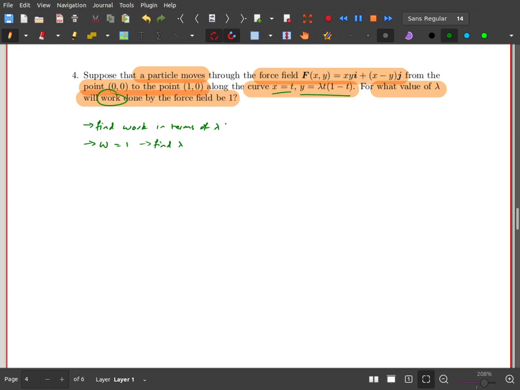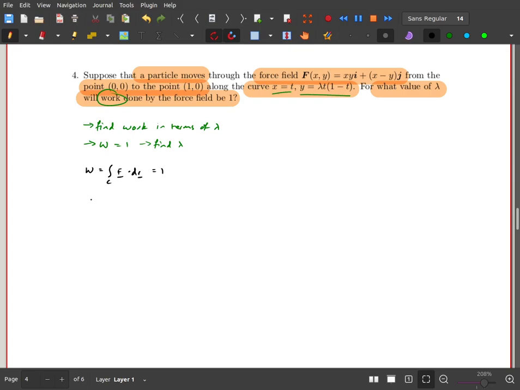Okay, so the first thing we're going to need to do is, well, first, what is work? Work is the line integral of a force field over some curve. So that's our work, and we want this to be equal to 1. Now, what is F dot dr in terms of our parameter? We'll need to convert F dot dr to be in terms of the parameter t.